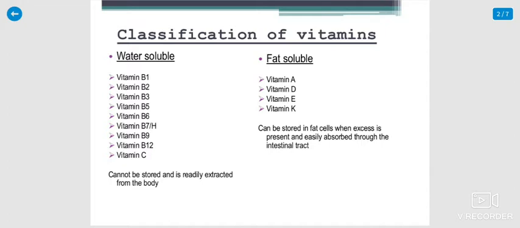I again tell you, fat soluble vitamins A, D, E, K can be stored in fat cells when excess vitamins are present, and are easily absorbed through the intestinal tract.